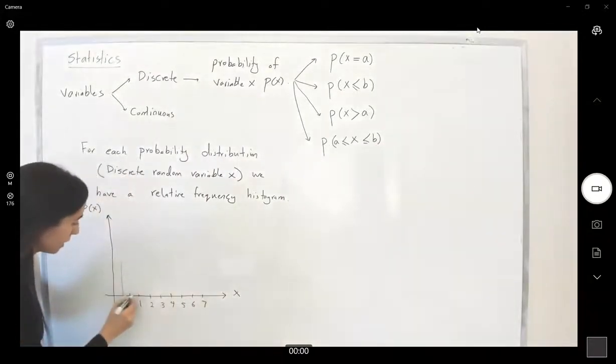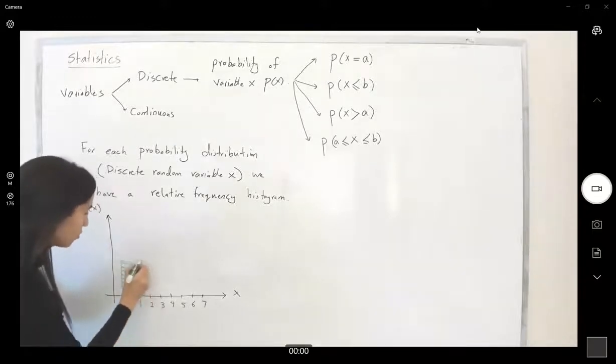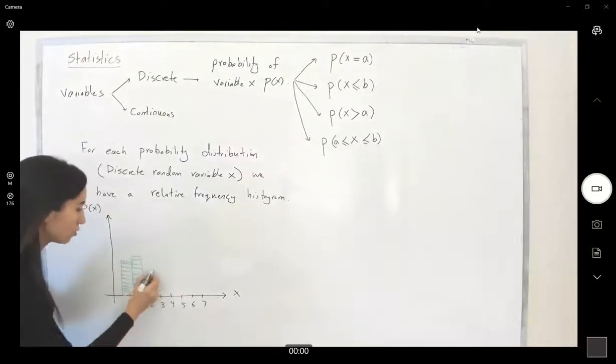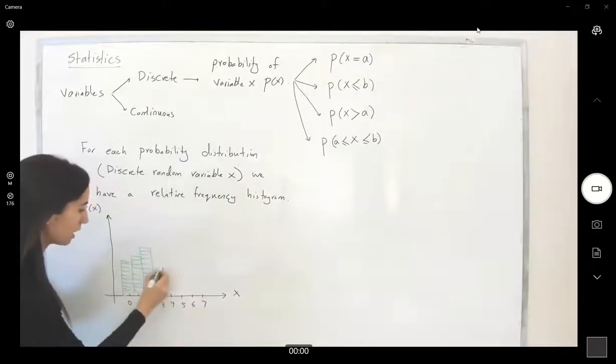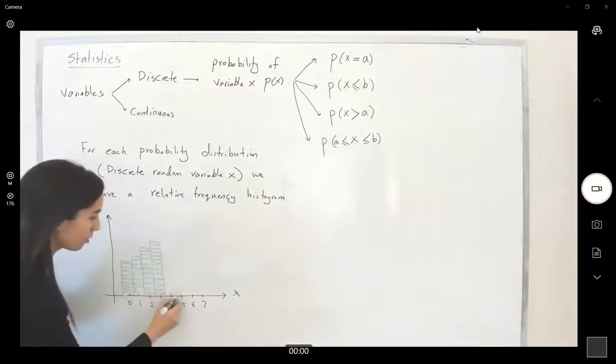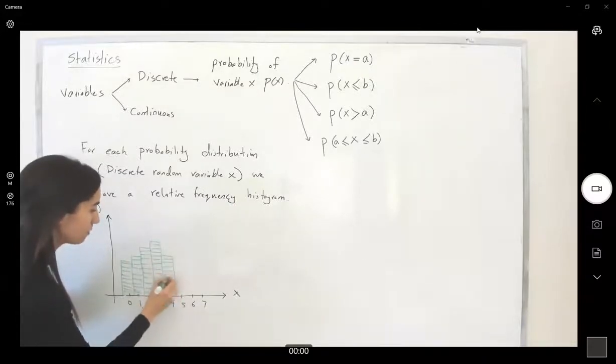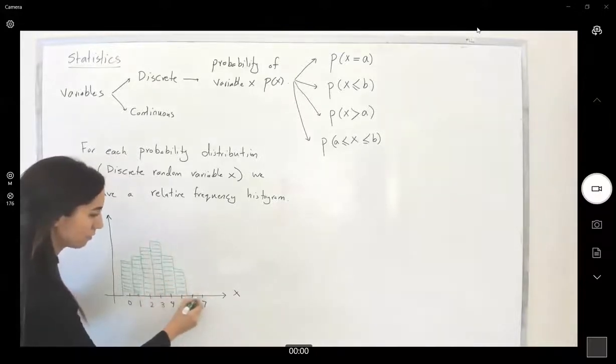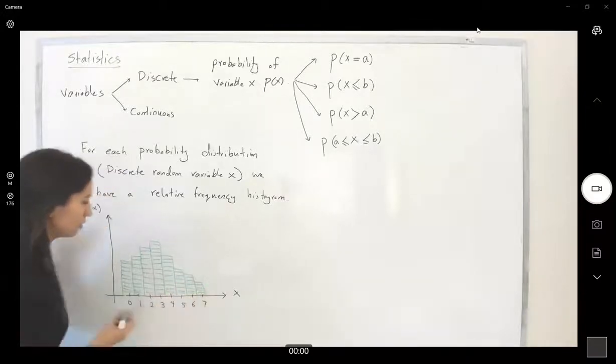The probability that x is equal to 0, the probability that x is equal to 1, 2, 3, 4, 5, 6, and the probability that x is equal to 7.